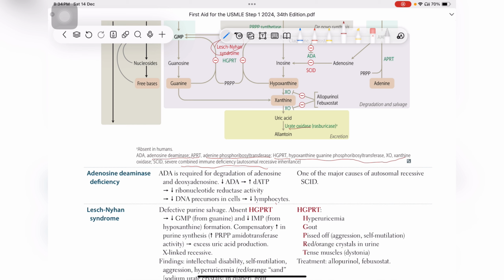Uric acid is not converted to allantoin in humans. So scientists have developed rasburicase. This enzyme is prepared pharmacologically and is known as rasburicase. Allopurinol and febuxostat are used in gout. Gout is nothing but increased uric acid levels.